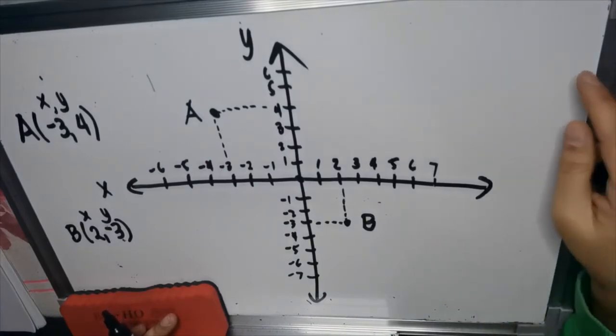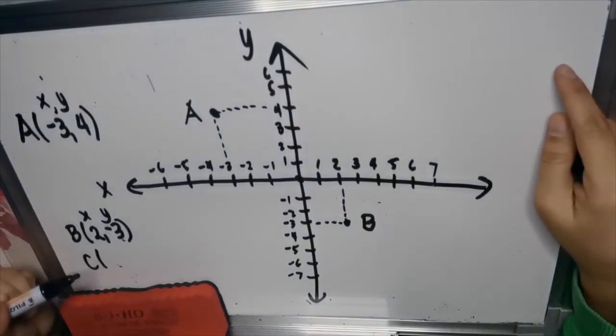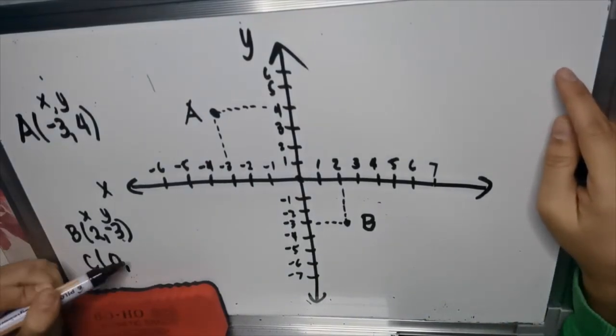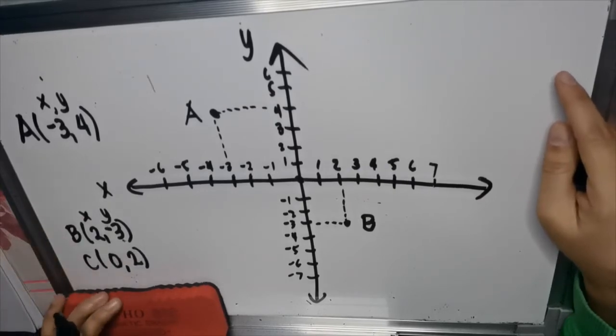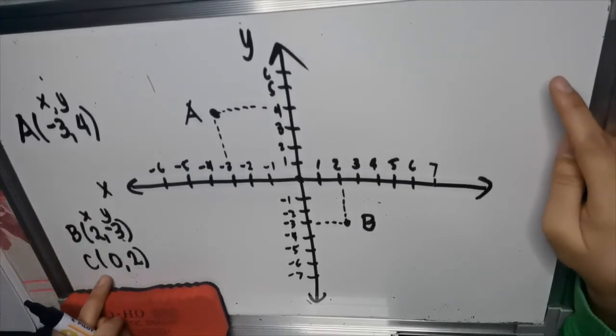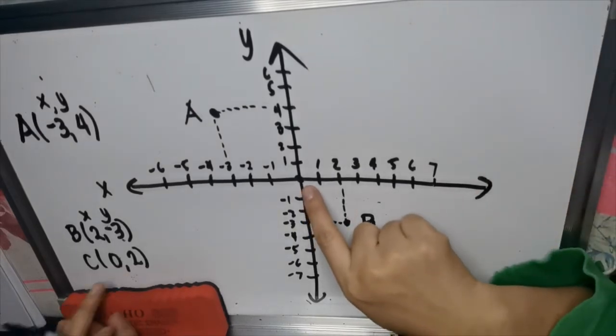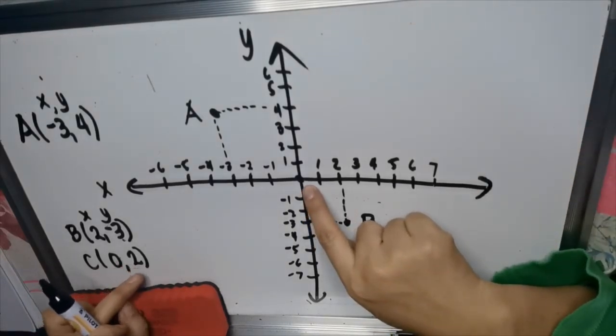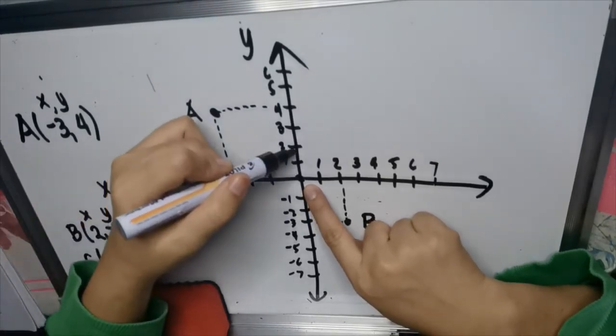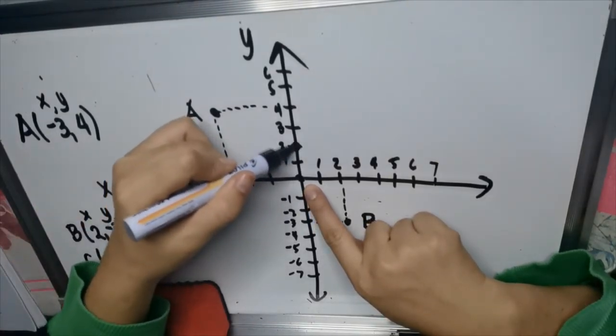Okay? And then, next, you're asked to find 0, 2. Point C. I-locate natin si point C. Makikita daw siya sa 0, 2. 0 on the x-axis. Positive 2 on the y-axis. So, dito natin siya makikita.